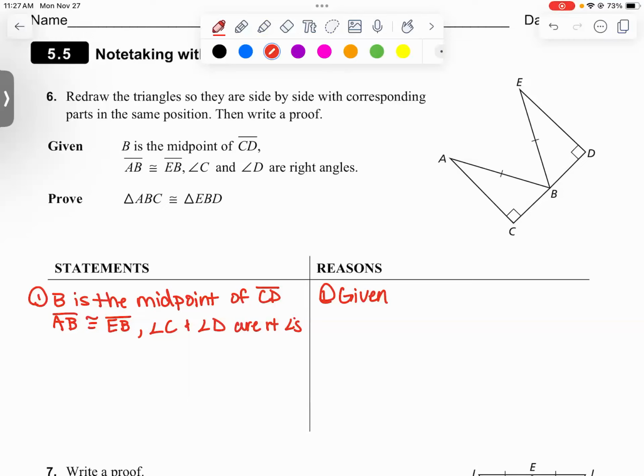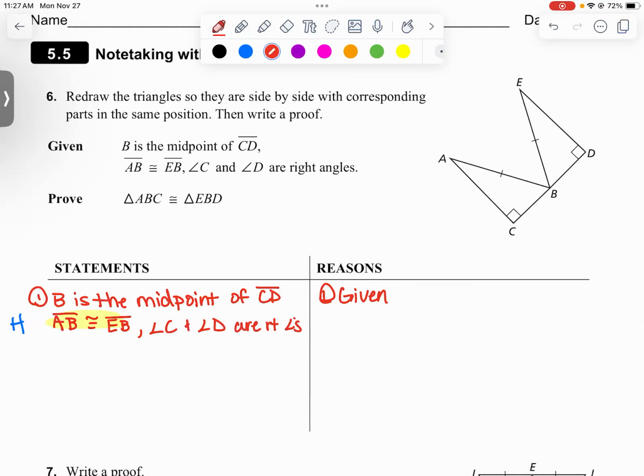Side, angle, side, side, side, side, hypotenuse leg. Which one are we going to use? Hypotenuse leg. And they've already given us this right here: AB and EB. And what are those? Those are our hypotenuses, right? Okay. So we need 3 pieces of information. We have 1.